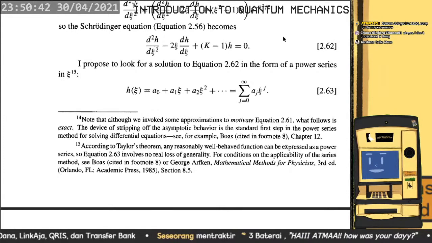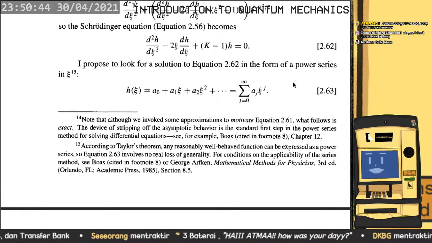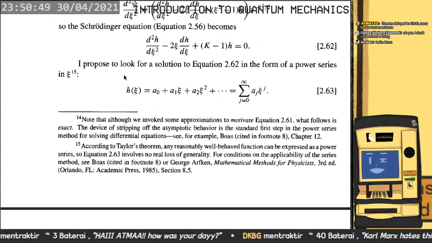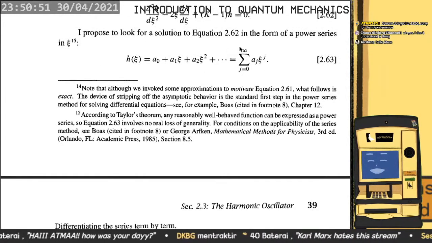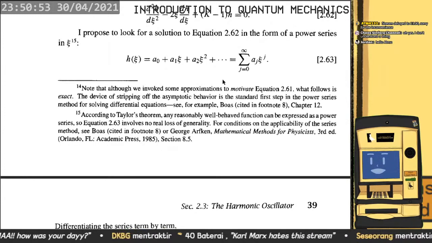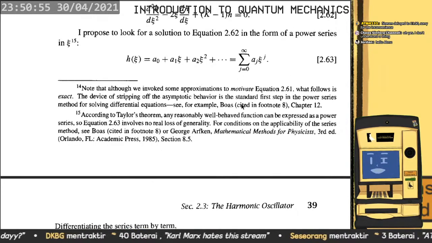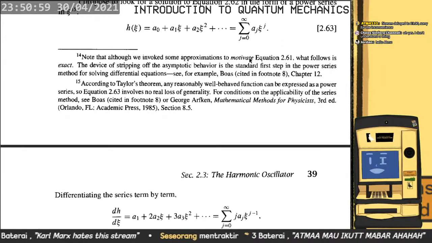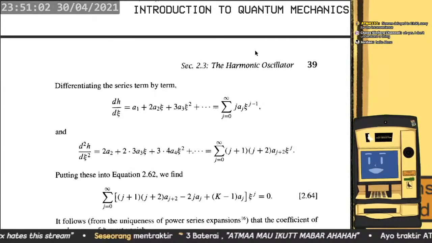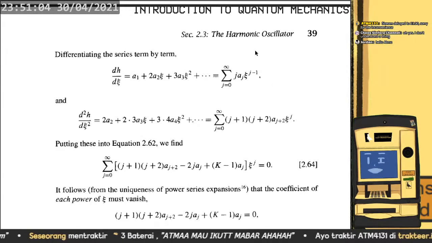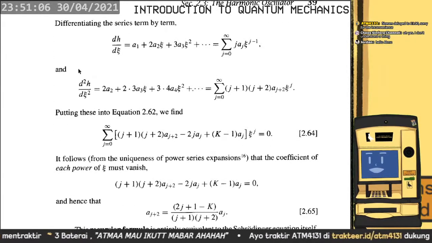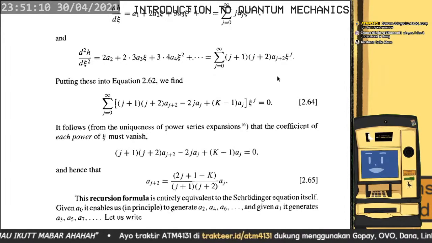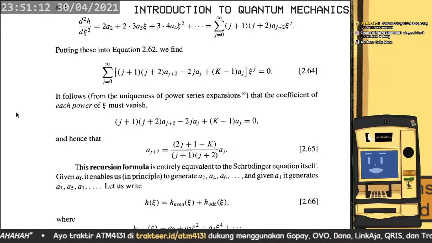I propose to look for a solution to Equation 2.62 in the form of a power series in ξ, like this. Yeah, the Taylor series: h(ξ) = a0 + a1ξ + a2ξ² and so on. Differentiating the series term by term, like this, and putting this into Equation 2.62, we find this.